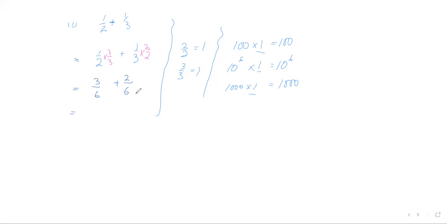Then in your previous grade, you know that if the denominator is the same, you only write 1, and that's going to be 3 plus 2, and that will give you 5 over 6, and that will be your answer.